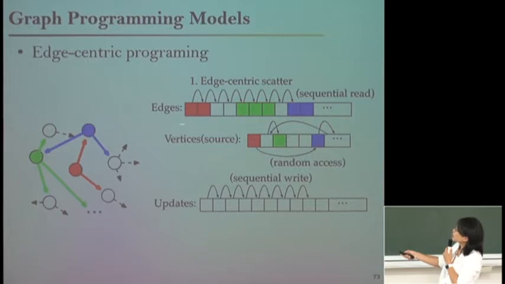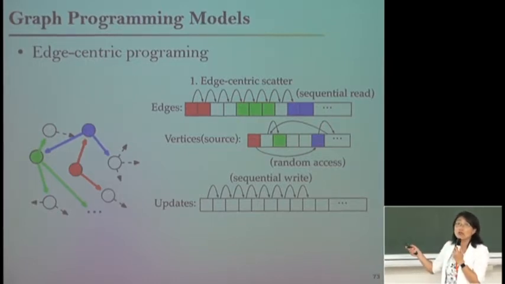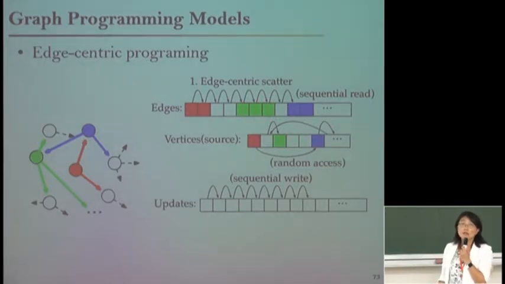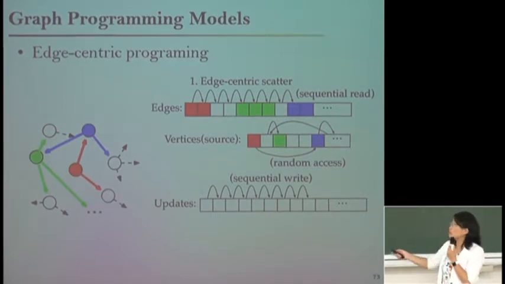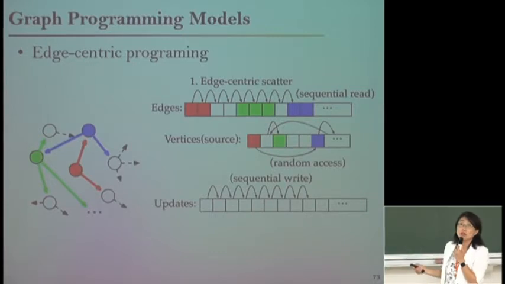As for memory locations, edges take a huge amount of memory space, so usually we can put them on, for instance, hard disk drives. And for hard disk drives, the sequential read is not that difficult. The vertex data is a lot smaller than the edges, so we are able to put it in the main memory. And memory structures can handle random access a lot better than the massive storage.